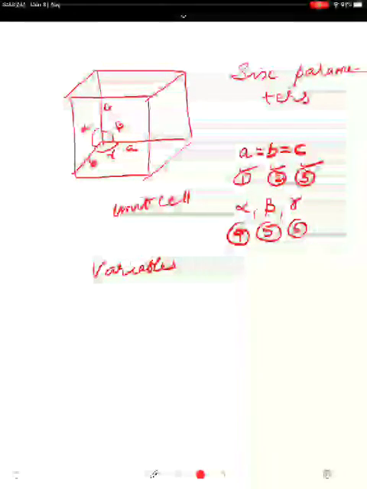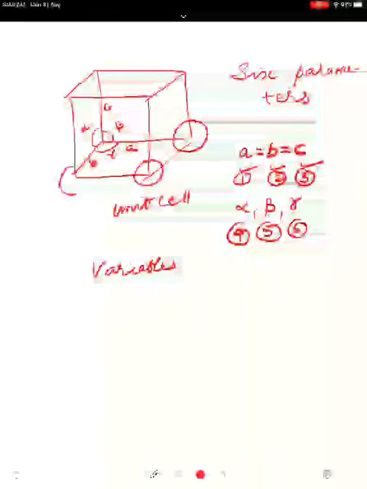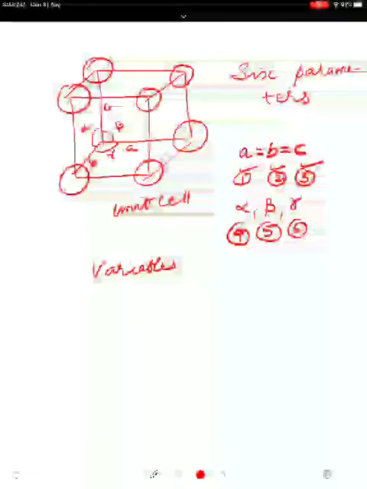So, by varying these things, you can have 7 types of primitive unit cell. Primitive means atoms, ions or molecules are only at the corners.